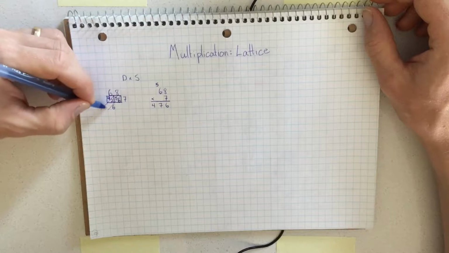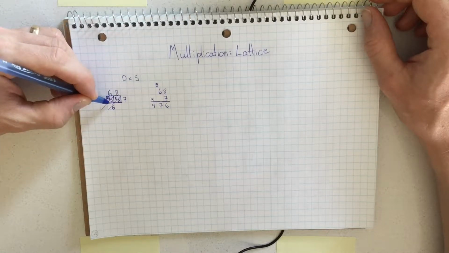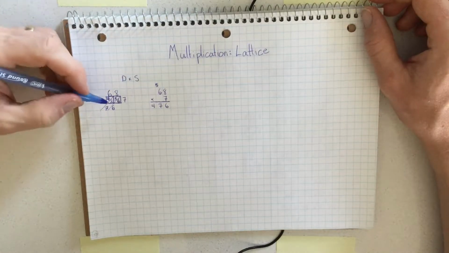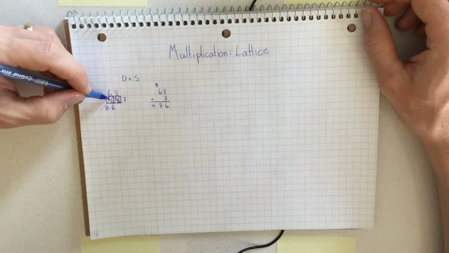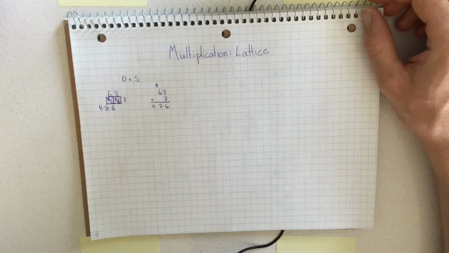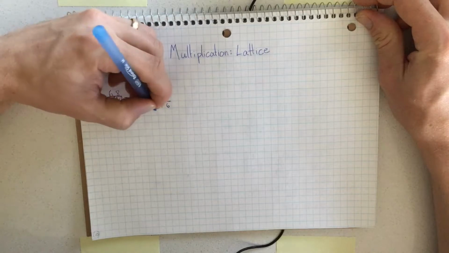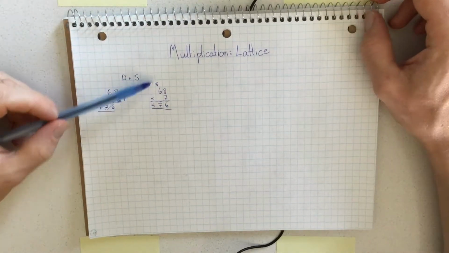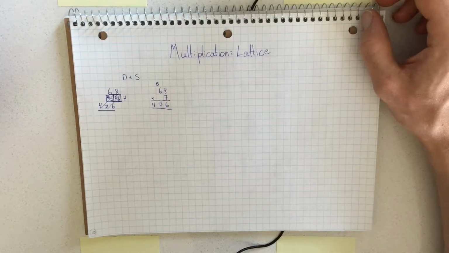Our 5 and our 2 are in this same diagonal column, so we're going to add those 2 together and come up with 7. And 4, again, is on its own. There's nothing over here, so we're going to move that down. And what we end up with is the same product as if we had done this with what many would consider the traditional vertical multiplication method.